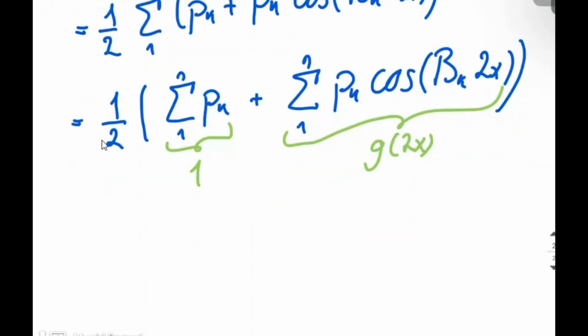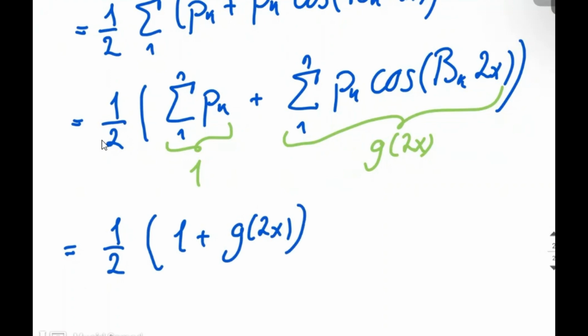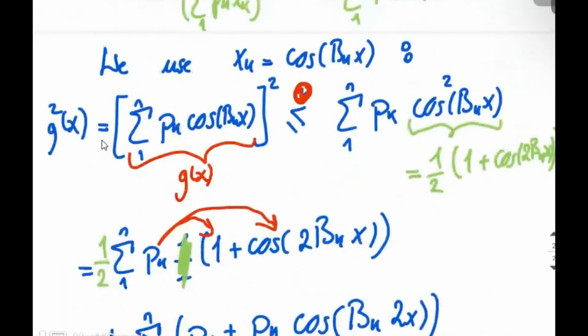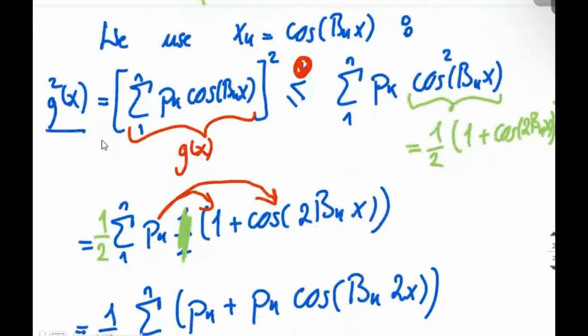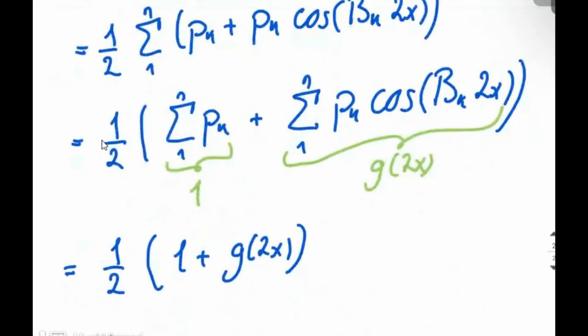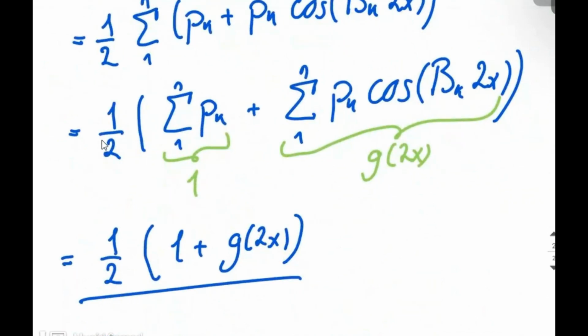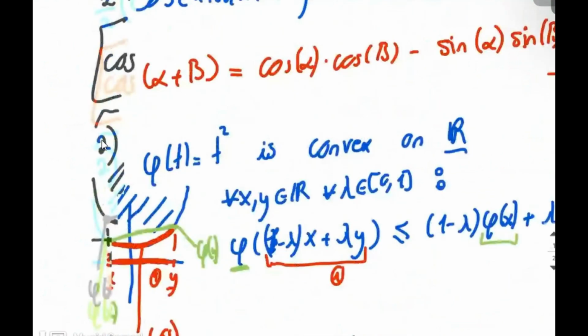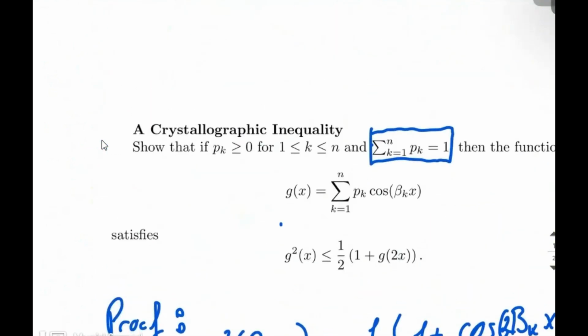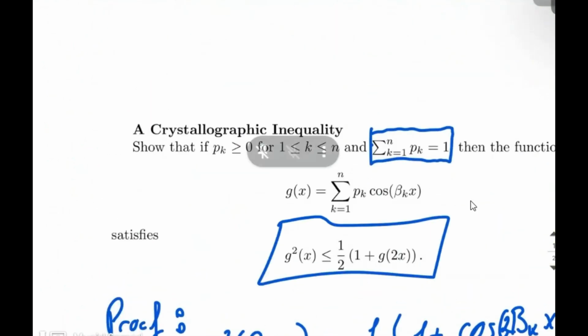Okay, so we now have here 1/2 times 1 plus g of 2x. So we started out with g squared, and then we showed that this is smaller or equal to 1/2 times 1 plus g of 2x. Let's go above and see that that's exactly what we wanted to show. And that concludes our exercise.